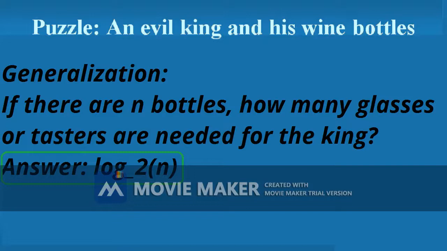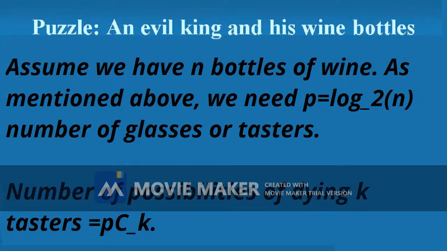If we have n wine bottles, with one being poisonous, how many testers do we require? That is nothing but log 2n. Assume that we have n bottles of wine, then we require log 2n testers.